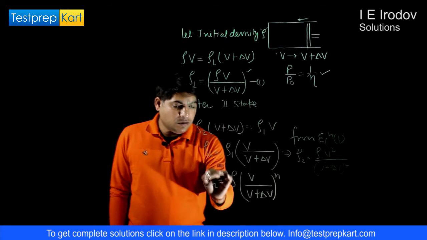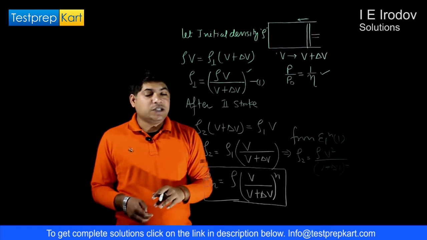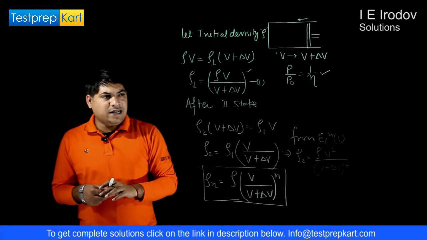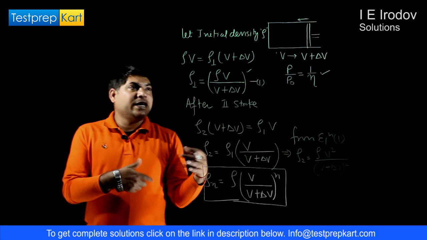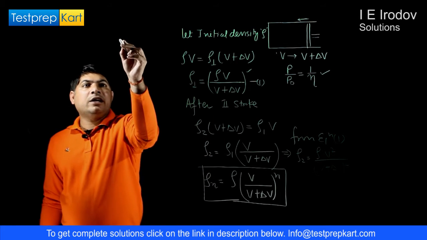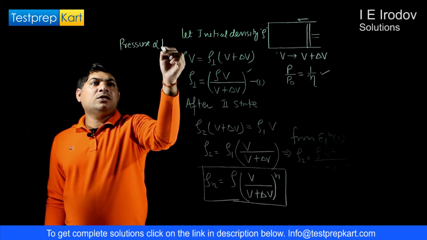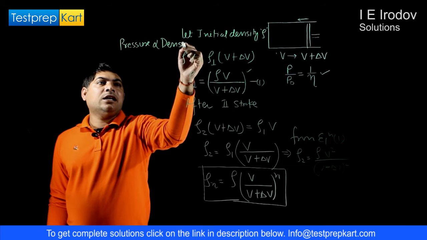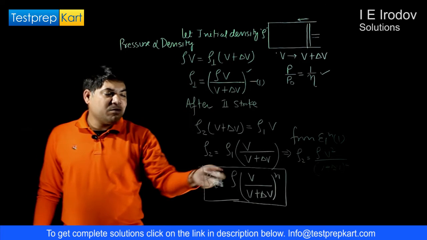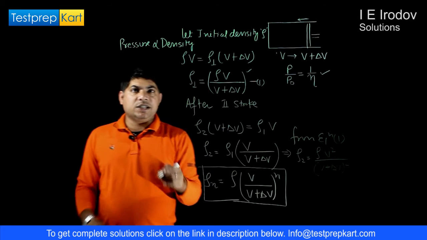This is the relation for how density changes after each stroke. Now we know that the pressure applied by a gas is proportional to its density. So if we have the pattern of density, we can write how the pressure is changing.